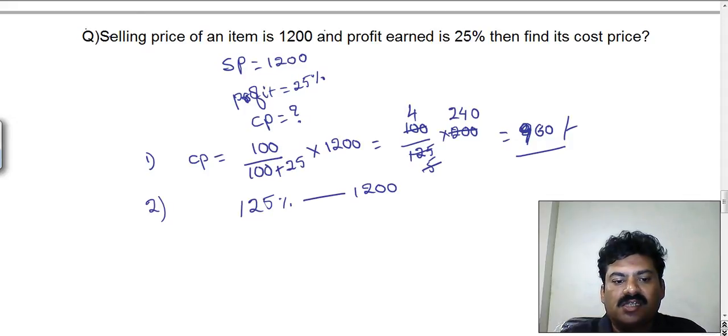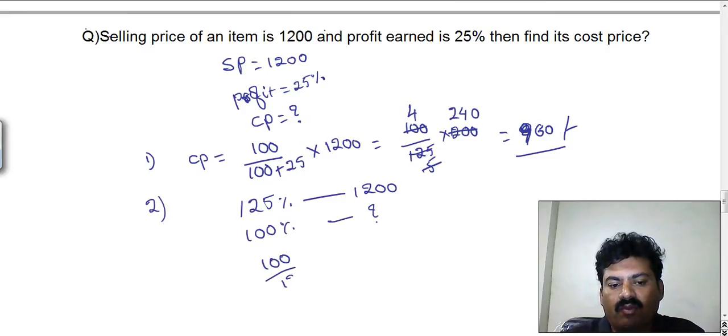Now our cost, 100 percentage, is how much? Now we can go for 100 by 125 into 1200. Okay, in this case it is 4 times, it is 5 times, 5 to 40 times, a total 960 is the answer for this.